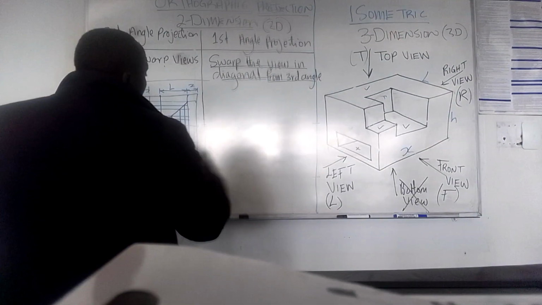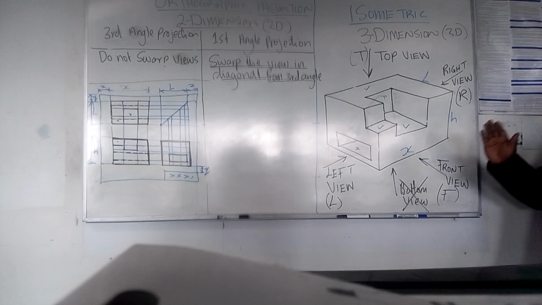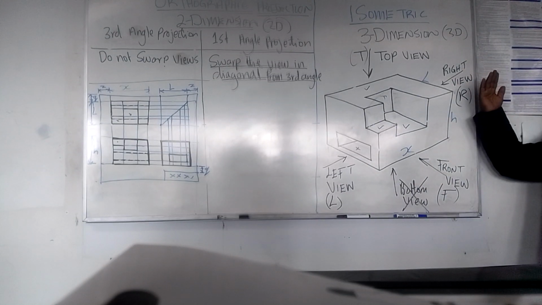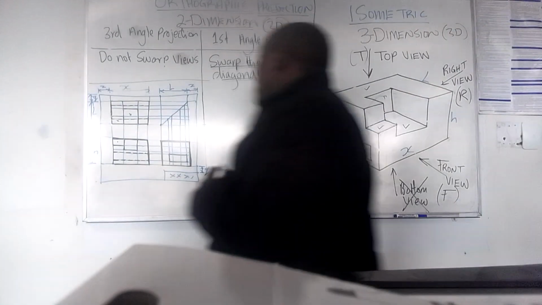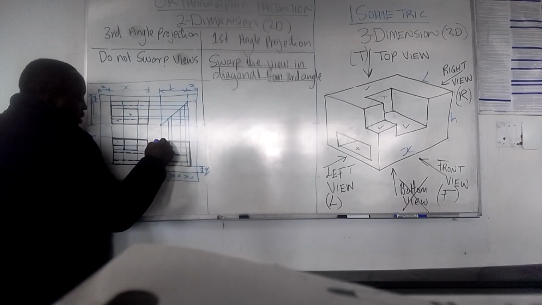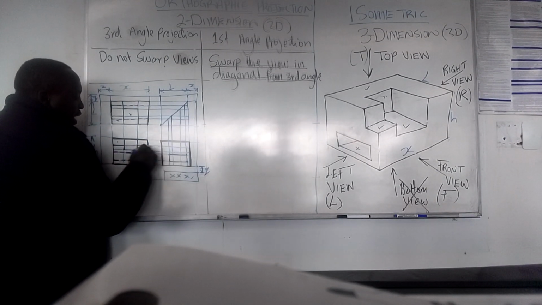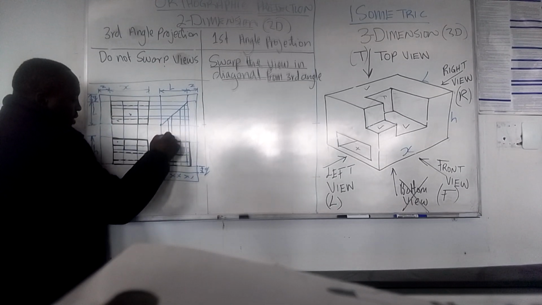Okay. So when you are looking from this side, you draw. This one will be on the left-hand side, not right. So you come. We have got this line and that line.